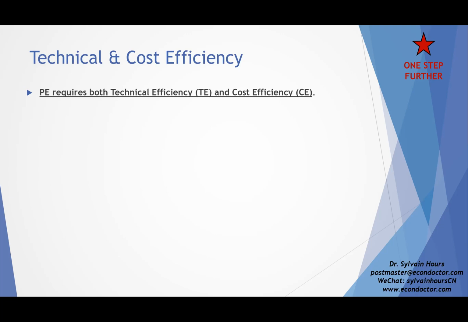Because in the long run you have to combine your resources in the best possible way, right? Labor and capital are variable. There are several ways you can produce the same level of output. So you have to choose what is the best combination of capital and labor, and this is what we call cost efficiency. Okay, but I'm not going to talk about these today.